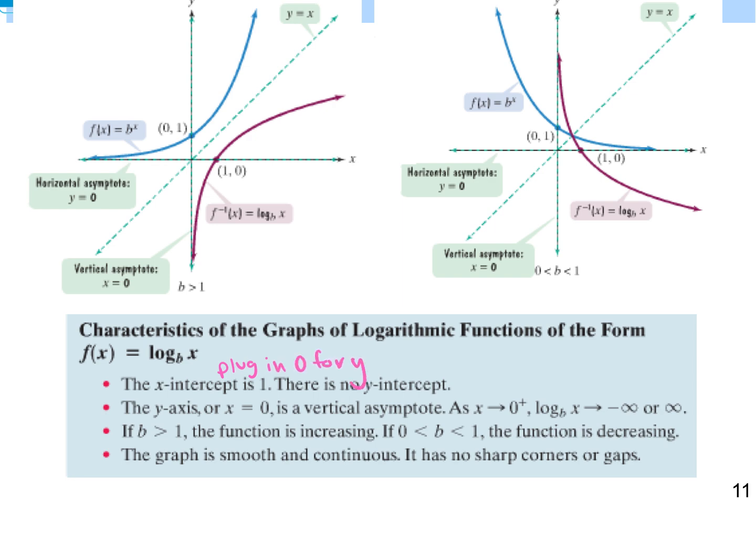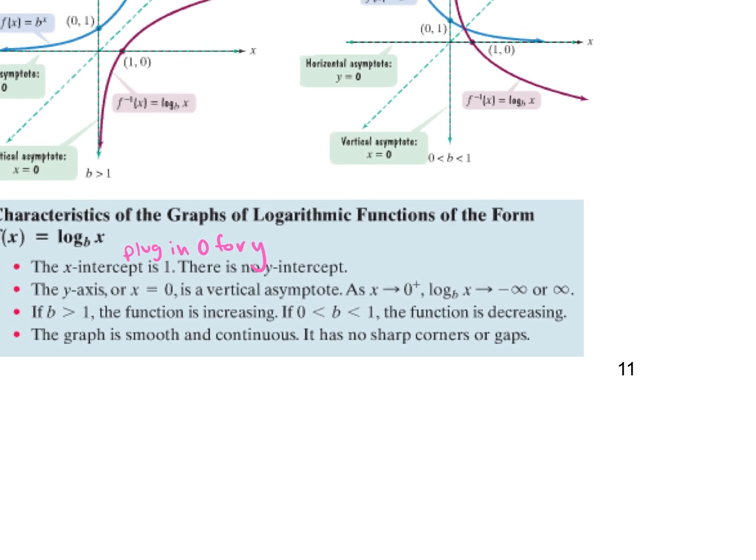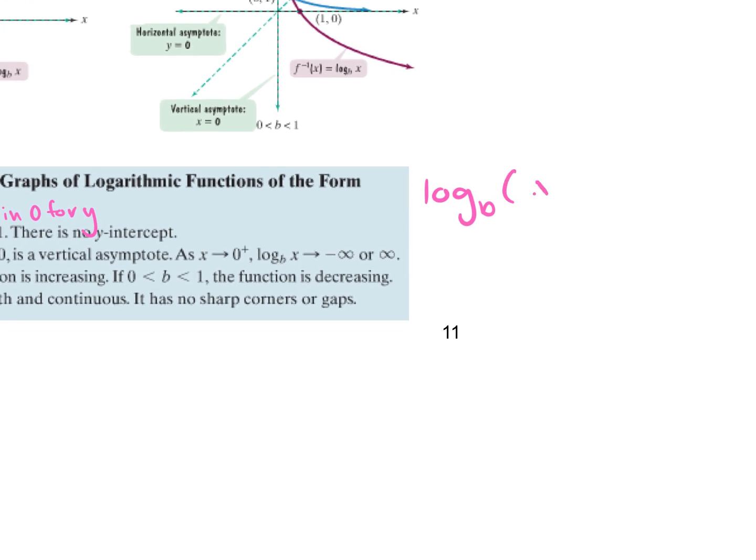The y-axis, or x is equal to 0, is a vertical asymptote. This will change if we have a shift. So if, let's say, we had log base b of x plus 5, whatever's in our parentheses here is going to be our vertical asymptote.